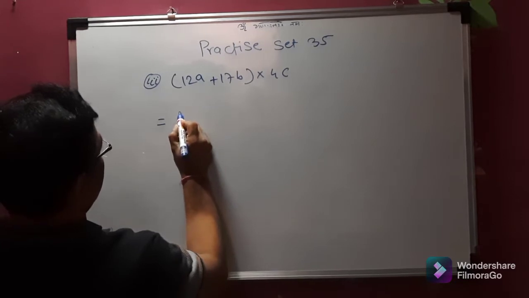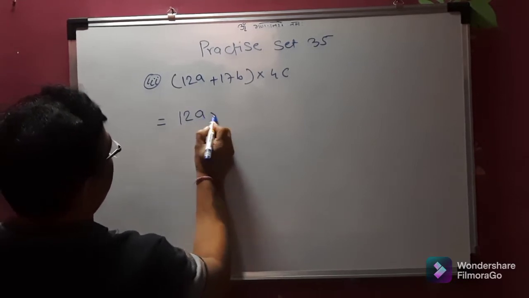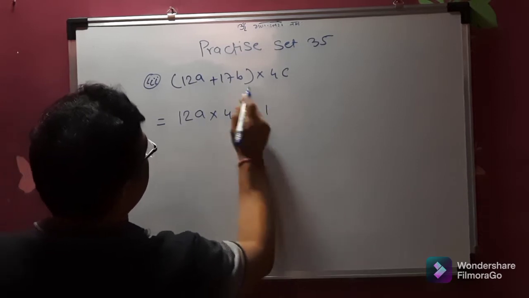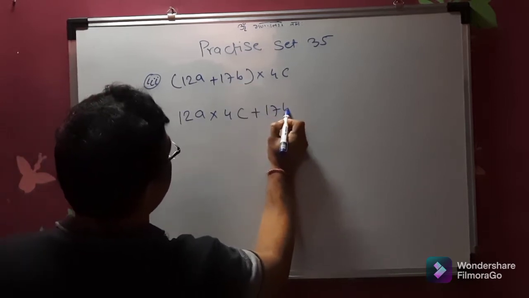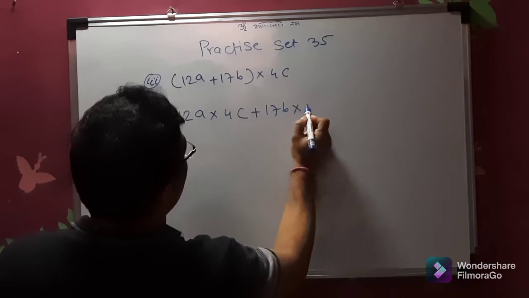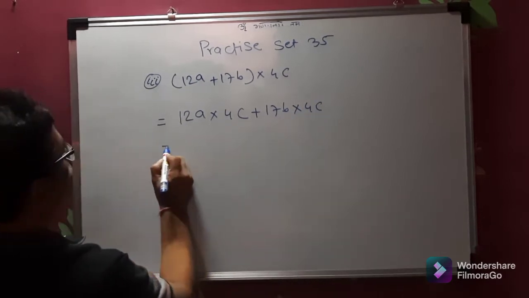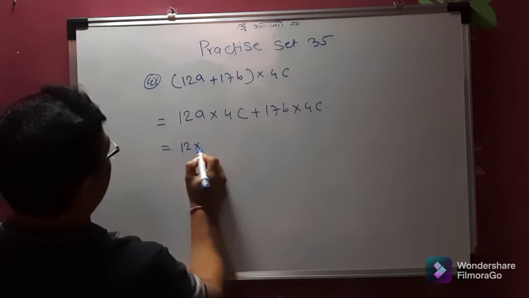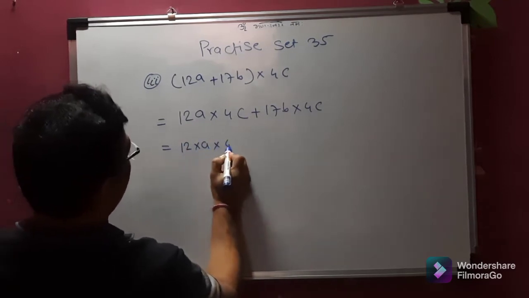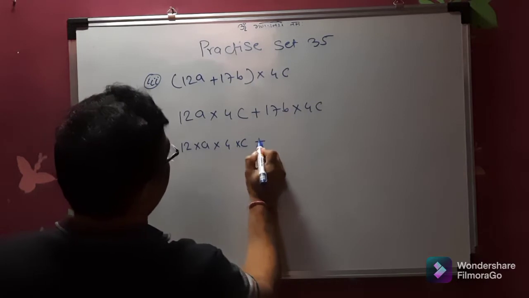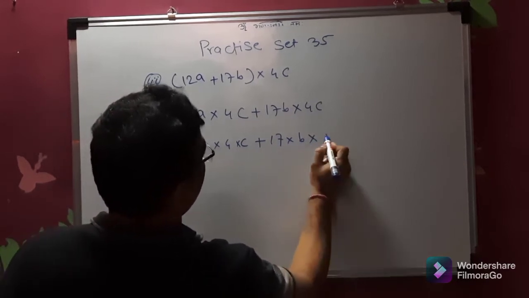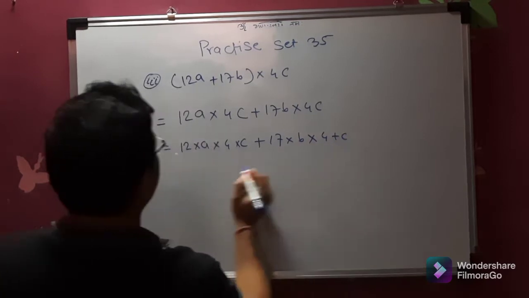So 12a into 4c plus, this is the second expression, 17b into 4c. So this is 12 into a into 4 into c plus 17 into b into 4 into c.